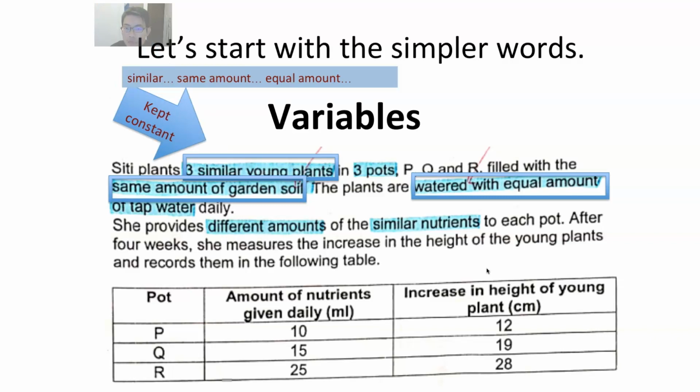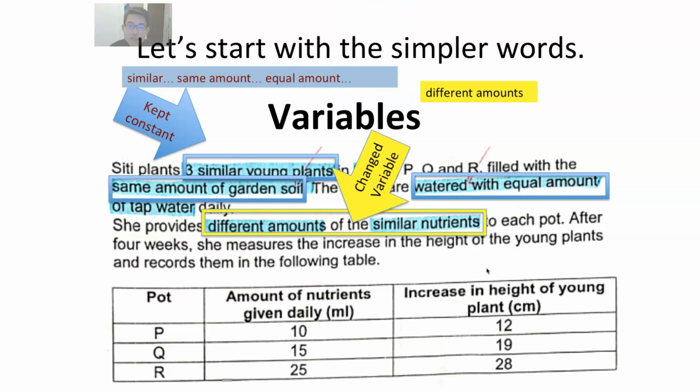What is the second type of variable you look out for? There are things such as different amounts of the similar nutrients. So what is changed here is not the type of nutrients, but the amount of nutrients. We know that the amount will vary. We can see from here, for pot P they use 10 ml, for pot Q they use 15 milliliters, and for pot R they use 25 milliliters.